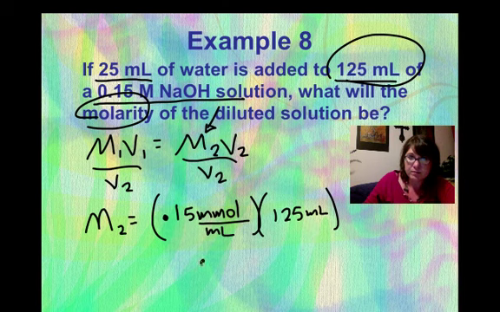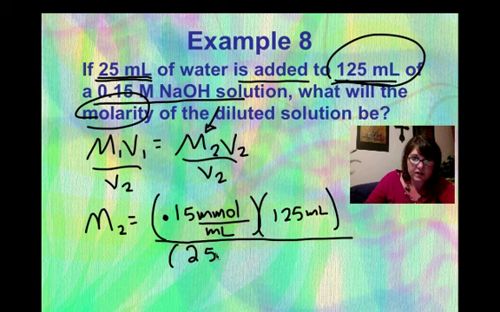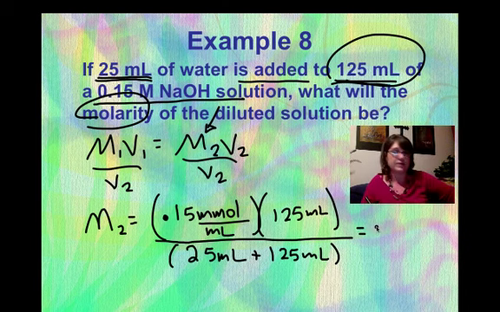Okay, and then we're going to divide by our new volume. For our new volume, it says we had 25 milliliters added to 125 milliliters. So if I take 25 milliliters and add it to 125 milliliters, I get 150 milliliters.